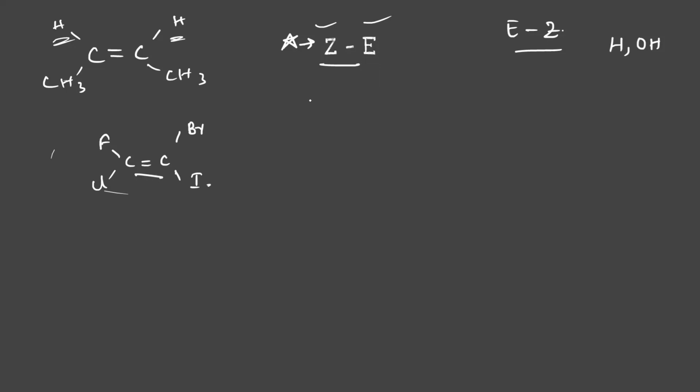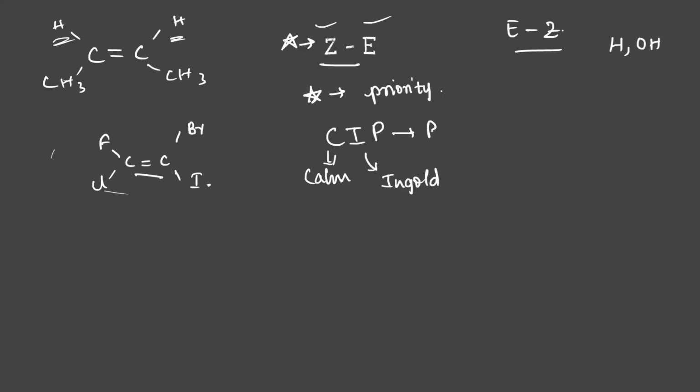Here in ZE nomenclature, very important, you give priority to groups. How do you give priority? Scientists thought about how to give priority, and there are three scientists, CIP. His name was Cahn, his name was Ingold, and his name was Prelog. These three scientists came up with the CIP rules.